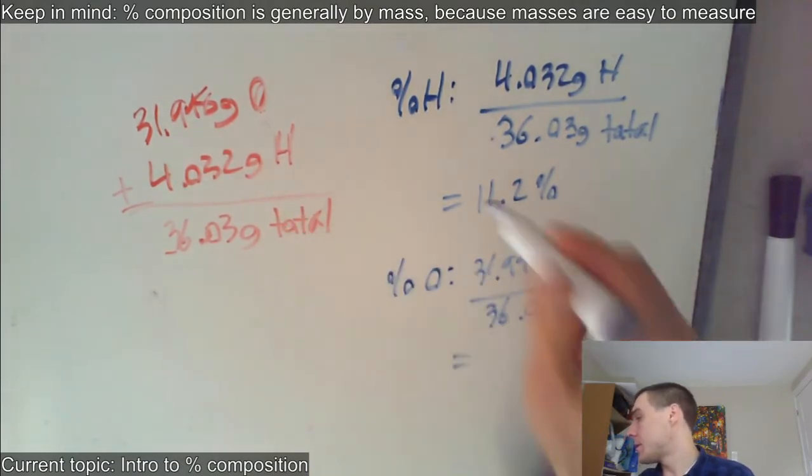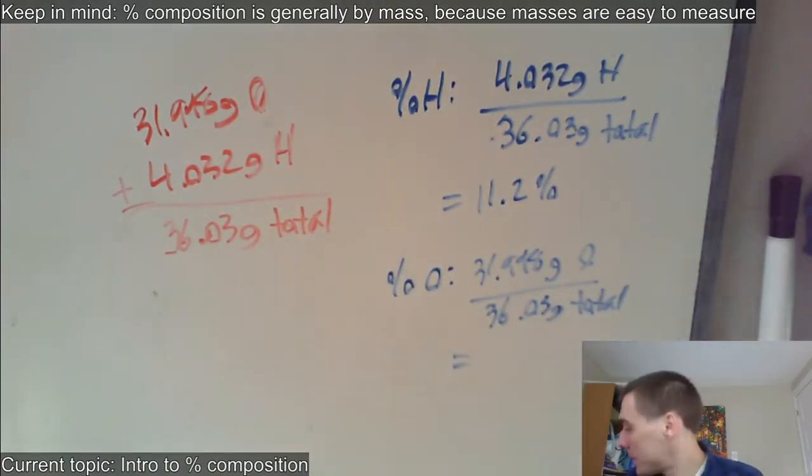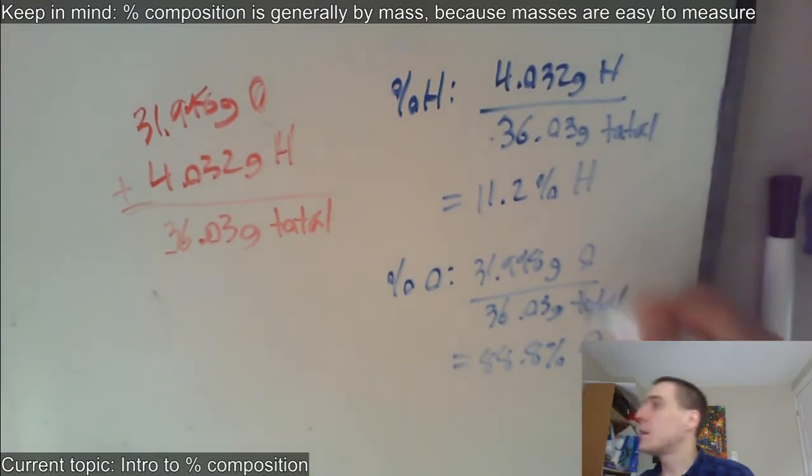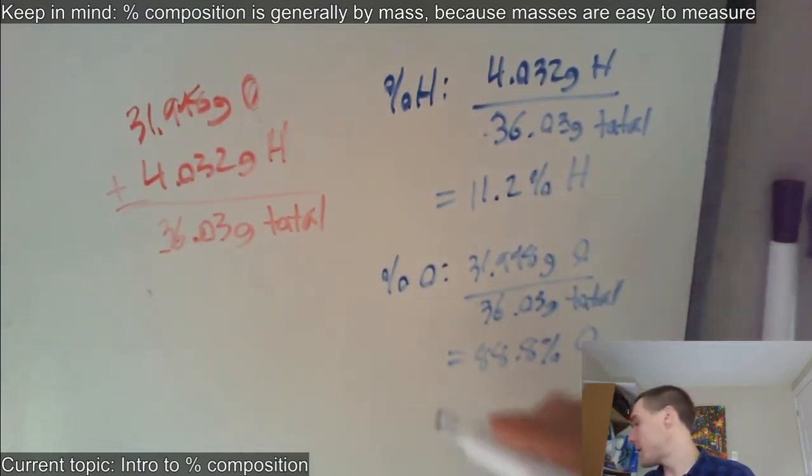So you could do 100 minus 11.2. Well, let's prove that we get the same number. 31.998 over 36.03. Yeah, 88.8% oxygen and 11.2% hydrogen. So it's by mass, and you can see that they add up to 100.